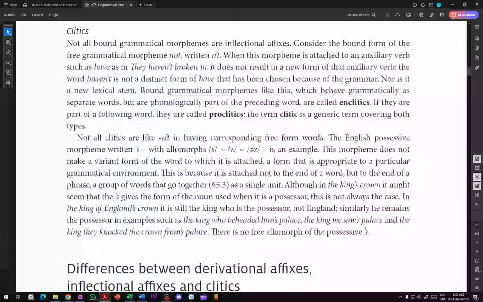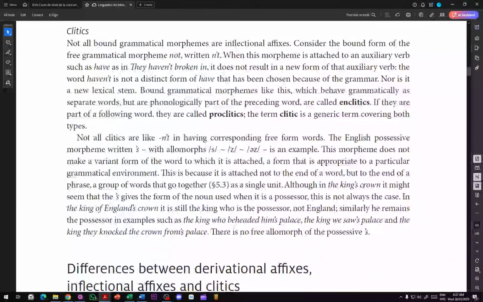This is because it is attached not to the end of a word, but to the end of a phrase, a group of words that go together as a single unit.